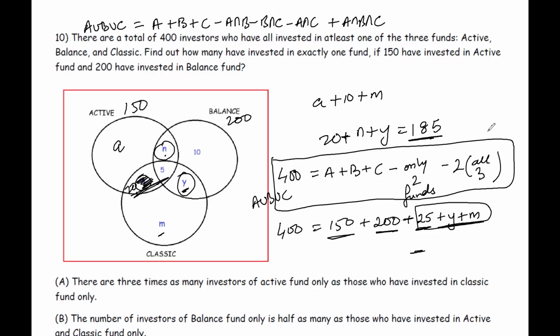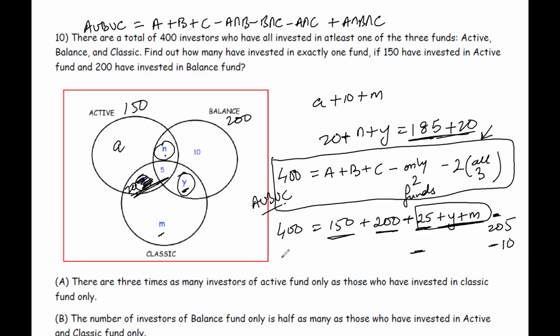Right. So this is for advanced math learners. So if you don't know, just remember this is the case. 400 is A union B union C, which is A plus B plus C minus only two funds minus two times all three. So minus only two funds will be, if you add 20 to this, 205. And then minus 10 because 2 times all three, 2 times 5.